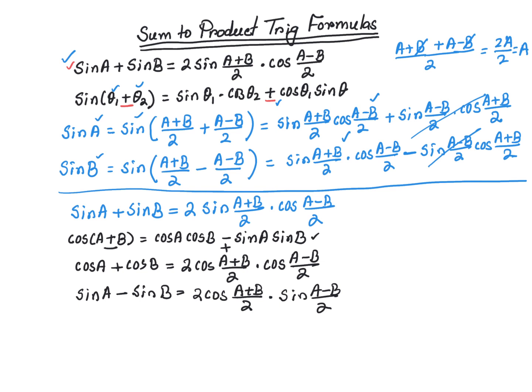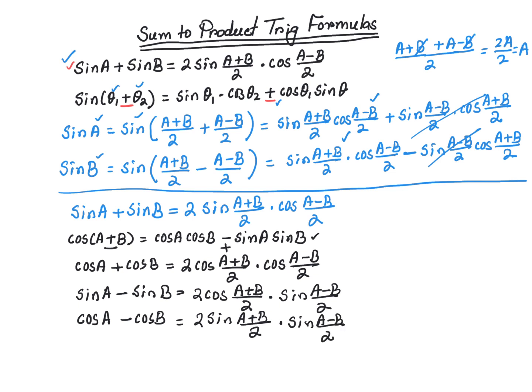Similarly for cosines, cosine of A minus cosine of B is going to be equal to negative 2 times sine of (A plus B) divided by 2 times sine of (A minus B) divided by 2.